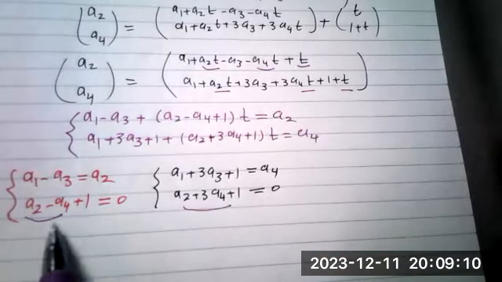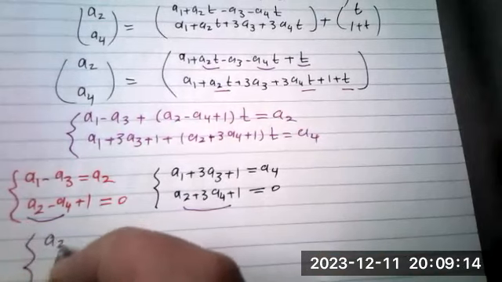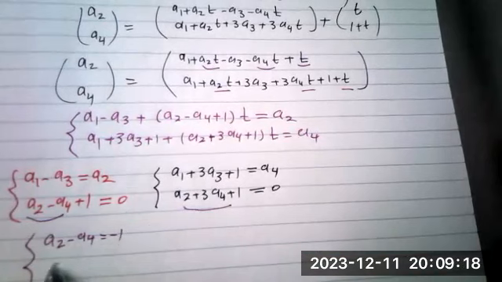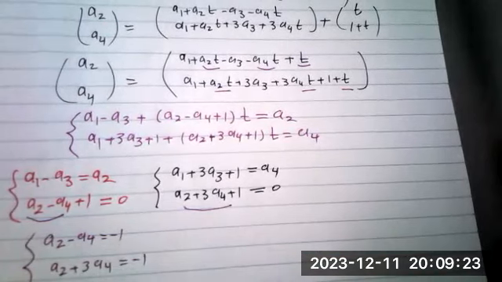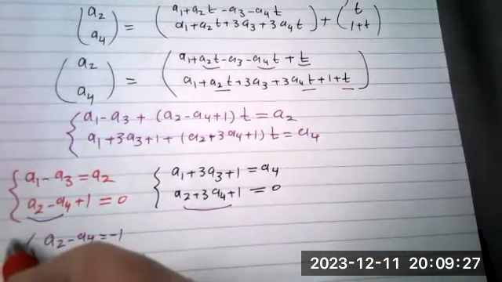So you have to pick these two first, okay? So that's it. A2 minus A4 equal to -1, and A2 plus 3A4 equal to -1. Okay, any question? So this is the only chance for the choice.